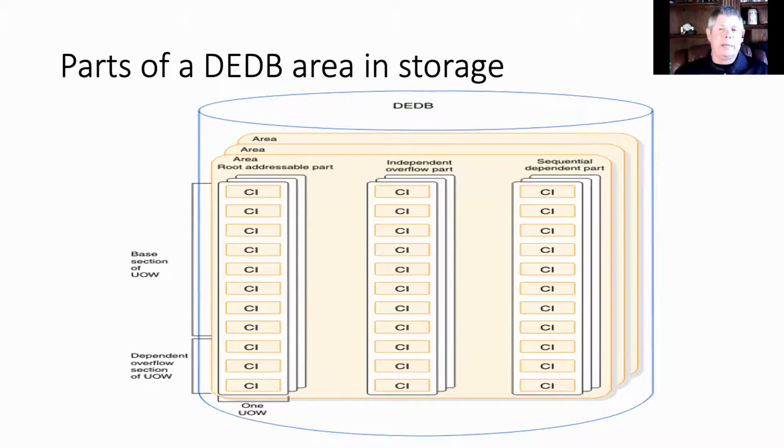Then you have your independent overflow, which contains a bunch of empty control intervals that can be used by your unit of work area. And then you have sequential dependent, which holds sequential dependent segments in the root area for all your units of work in that area. So there's lots of backup places for data to be kept, and areas to manage your fast path.